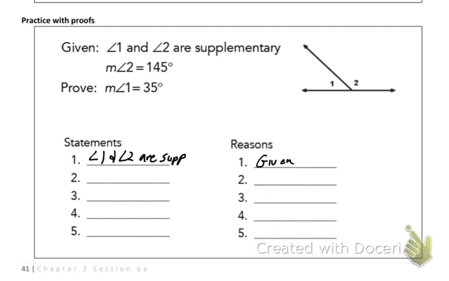Angle 1 plus angle 2 equals 180 degrees. So we unpack what supplementary means, right? So angle 1 plus angle 2, and that's the definition of supplementary, either definition of supplementary or angle addition postulate. Either one is fine. I'm just going to go with the angle addition postulate, but either one works there.